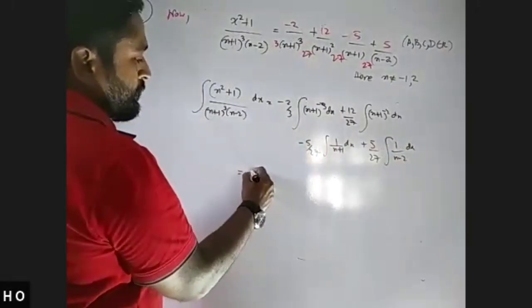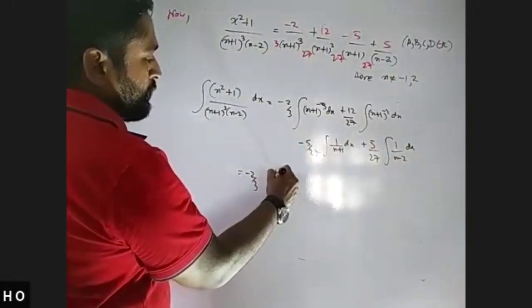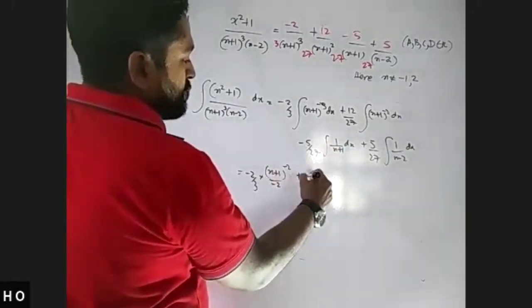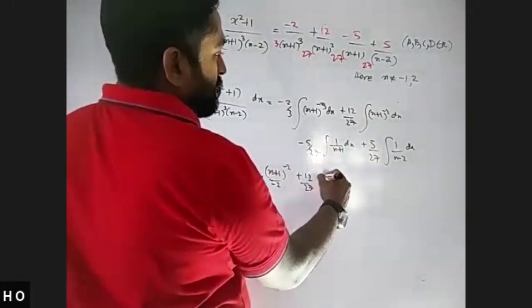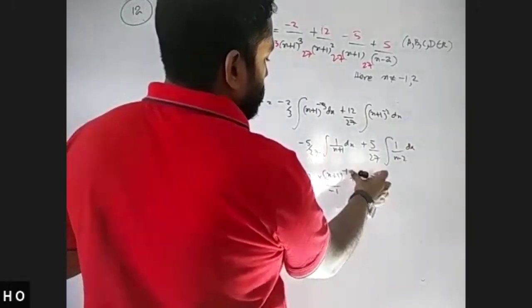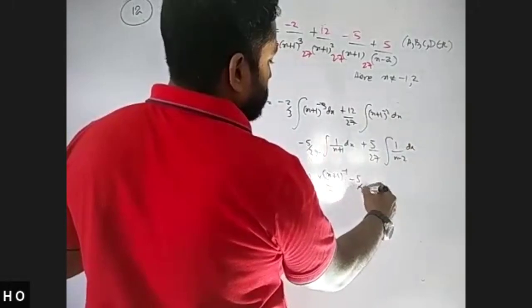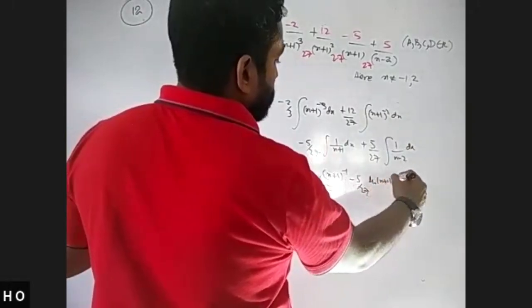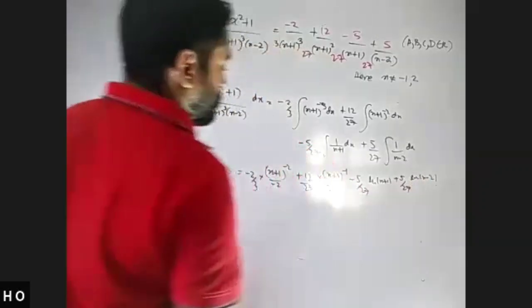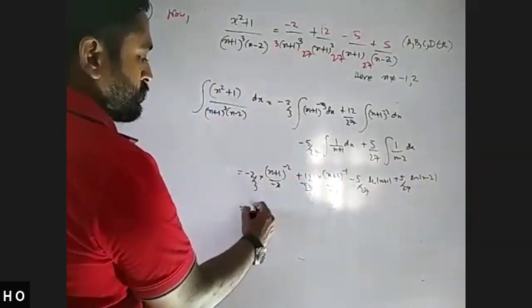Right here, minus 2 by 3, x plus 1 to the power minus 2 over minus 2, plus 12 over 27 into x plus 1 to the power minus 1 over minus 1, then minus 5 by 27 ln x plus 1 plus 5 by 27 ln x minus 2. Here, 2 to 2.